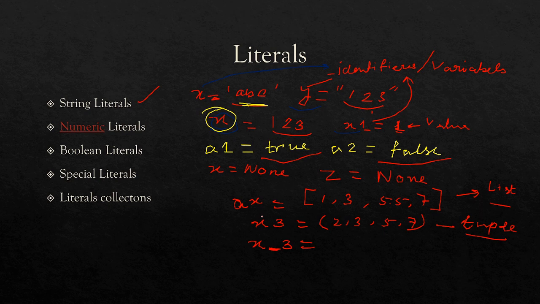It could be a string, numeric, boolean, special literal, or a collection. So these are all kinds of literals. Now we will go to the numeric literal. Some more things are there in the numeric literal.